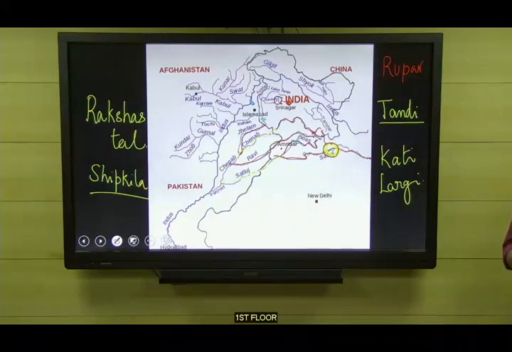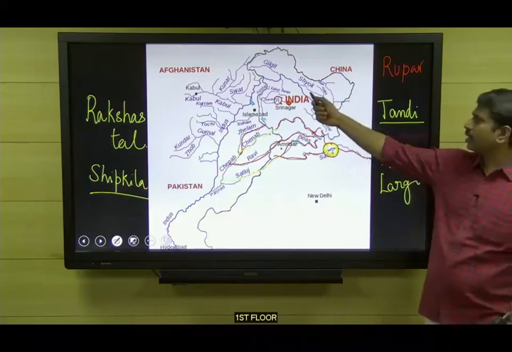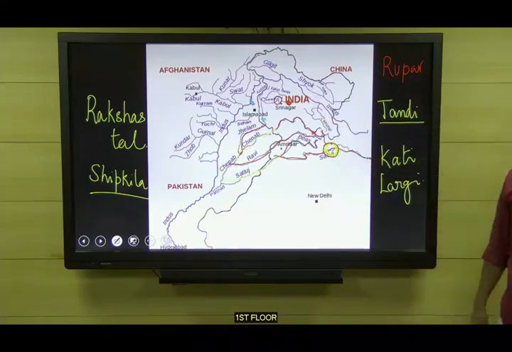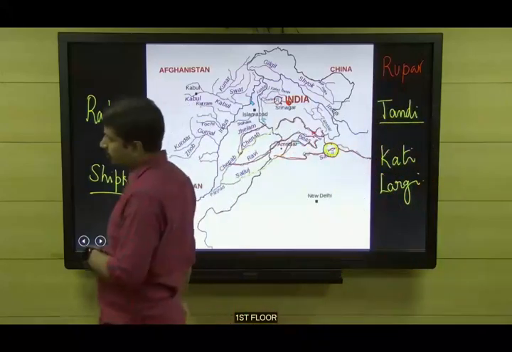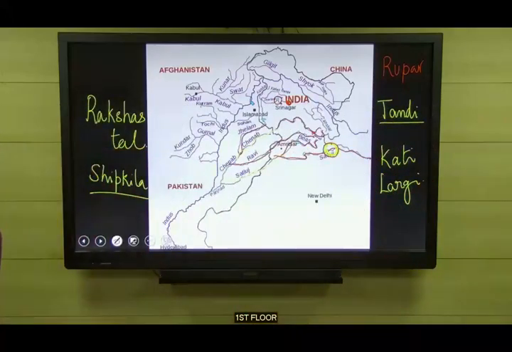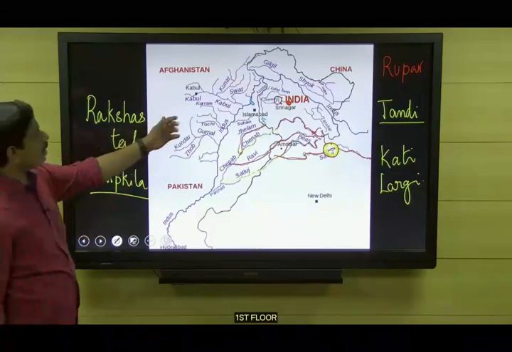Sutlej is a very good example. Both Sutlej and Indus are examples for antecedent rivers. We have seen antecedent drainage. Okay, consequent, antecedent, then obsequent, subsequent and all we have seen. In that, this is antecedent.